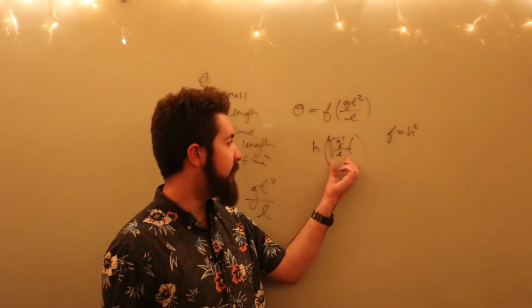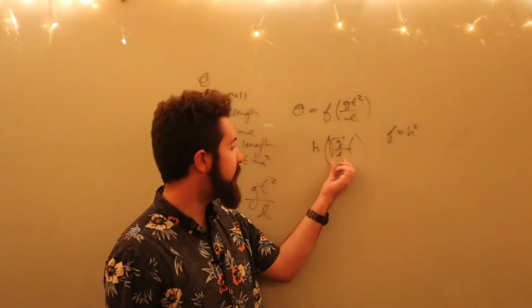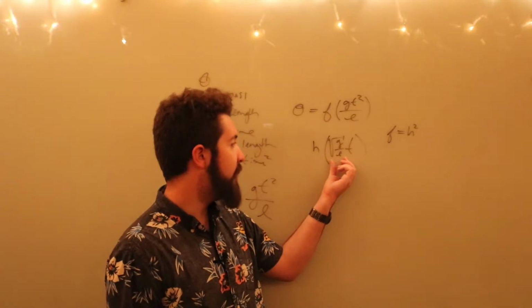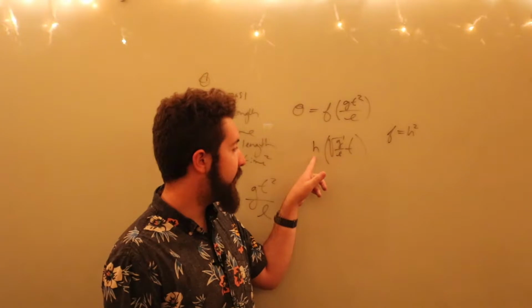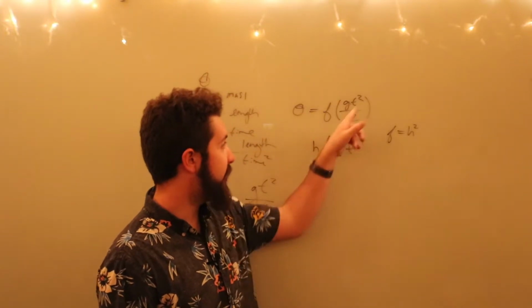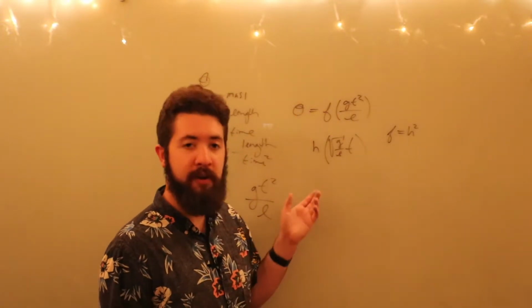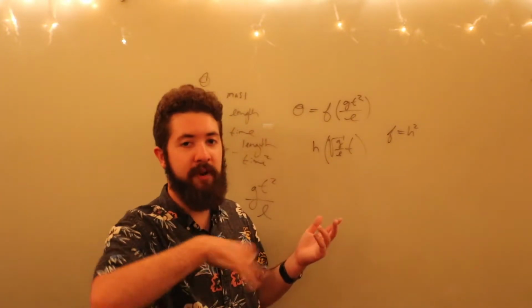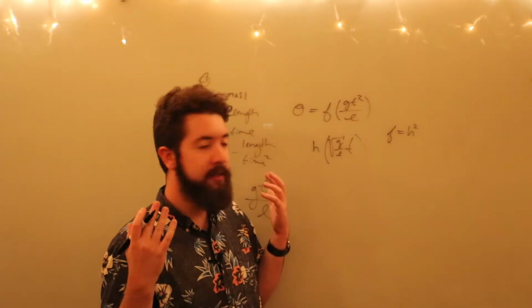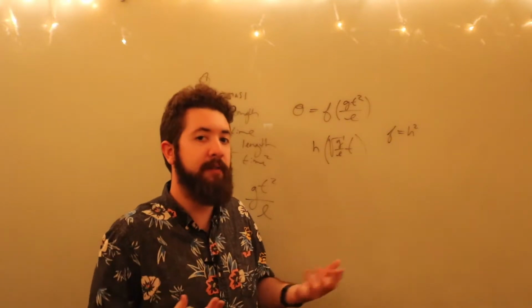Now it's very clear that the square root of g over L is going to be the frequency of a periodic function h. Right? These have to be periodic. F has to be periodic in t squared, h has to be periodic in t, and the reason is that we're going to have oscillating motion, right? We want it to go back and forth, so clearly the angle is going to be some periodic function of time.